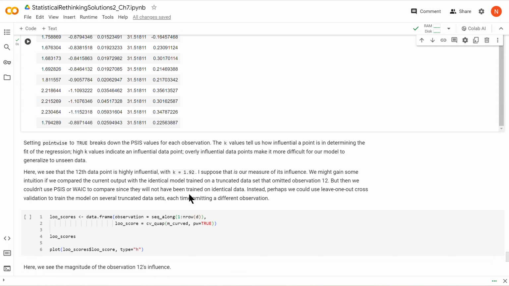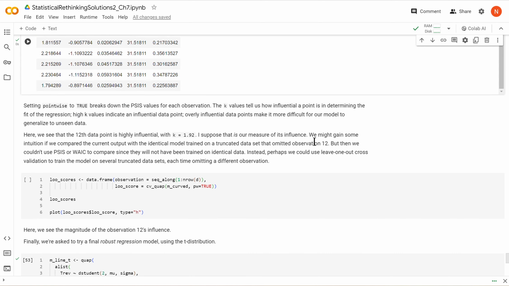So instead, what we could do is run the model on many truncated data sets, one truncated data set for every data point. We could run the model on 29 different data sets, where each data set is unique because it drops one unique observation.